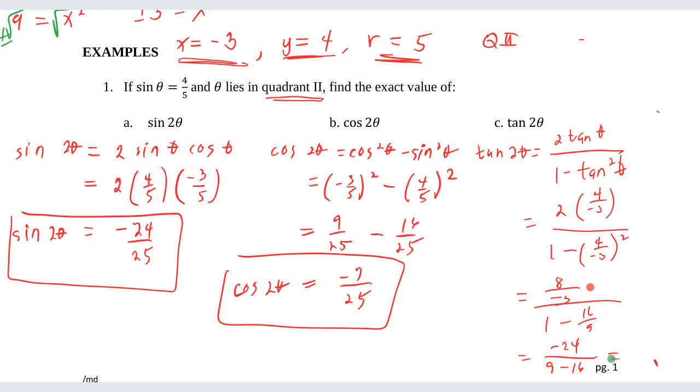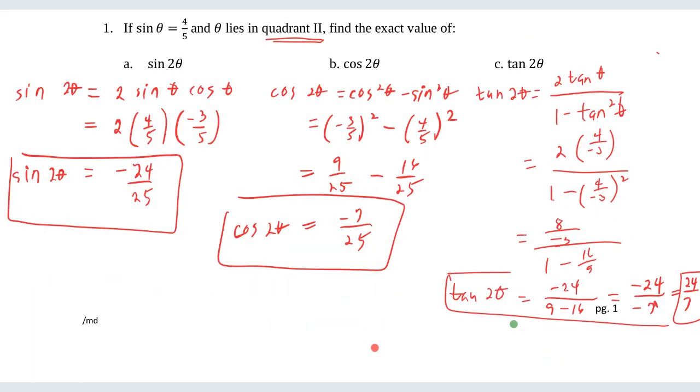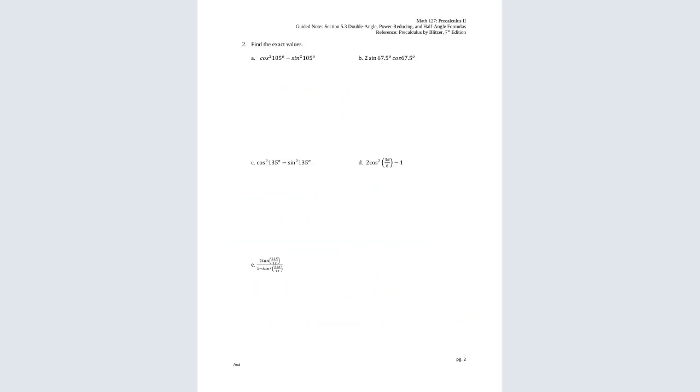So that's now negative 24 over negative 7, which is positive 24 over 7. So there you go, that's our tangent 2 theta. This is the final answer there. Okay, moving on to page 2.